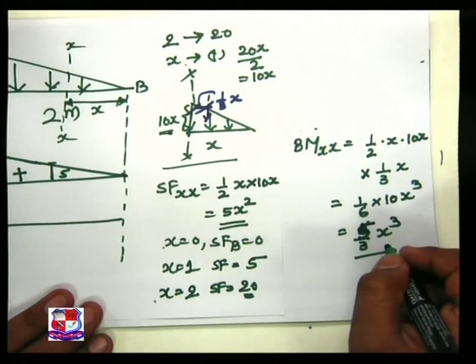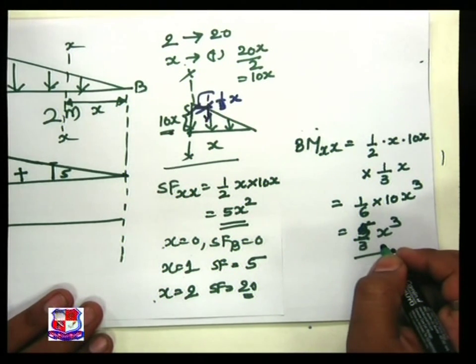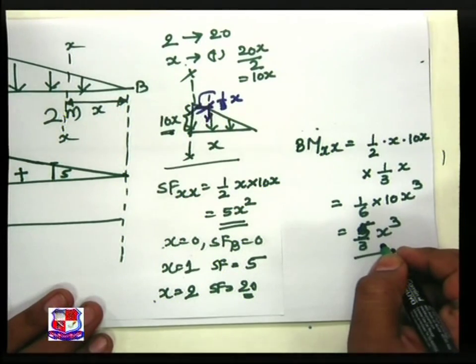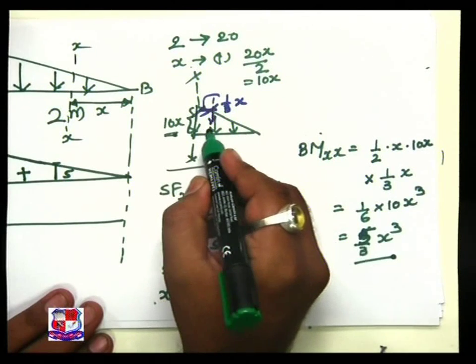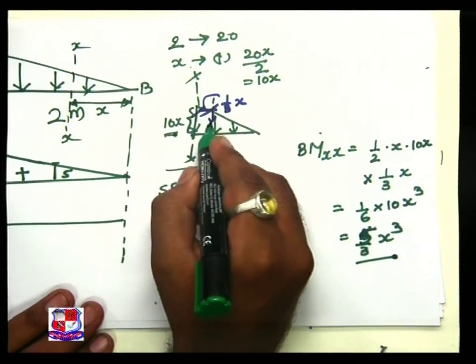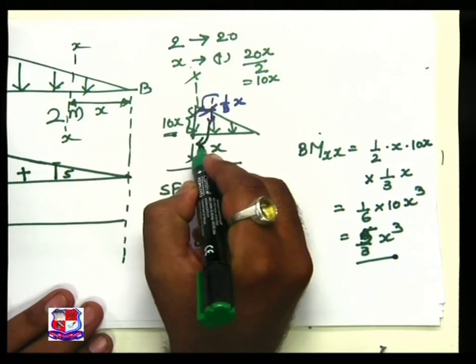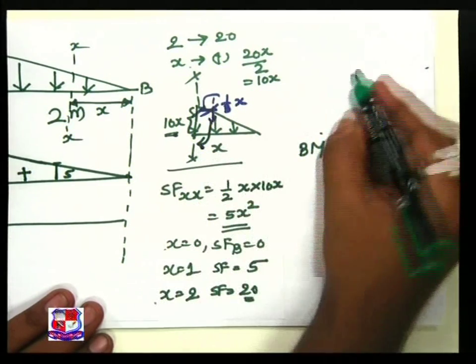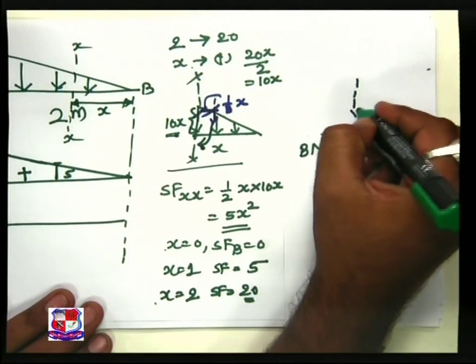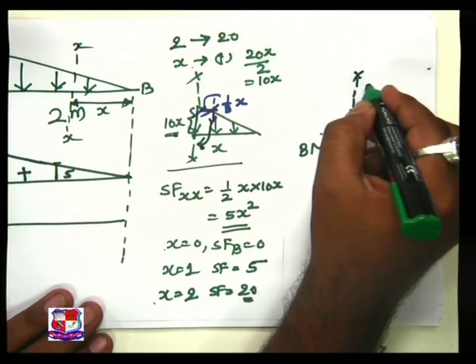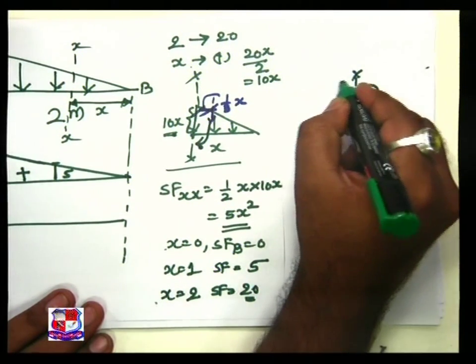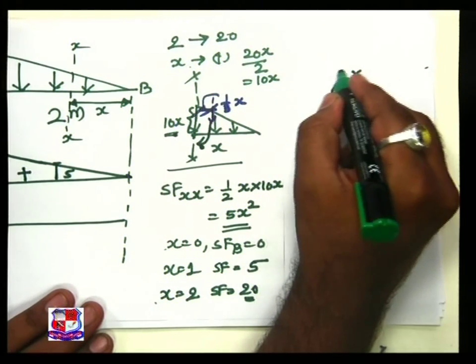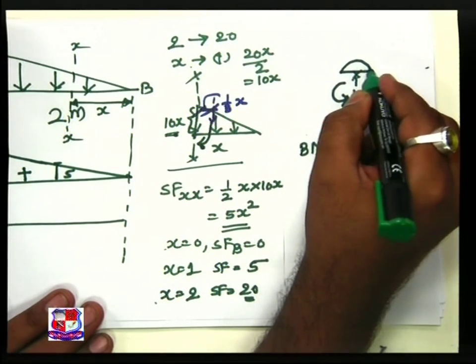Question is about nature. Nature means whether it is plus sign or whether it is minus sign. So now when the load is acting over here, see, this creates a clockwise moment. Precisely, section right side clockwise creates hogging nature.